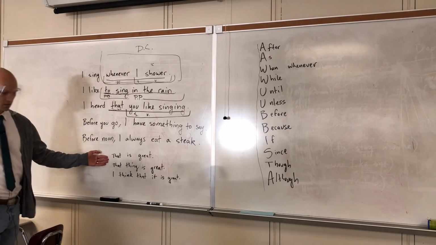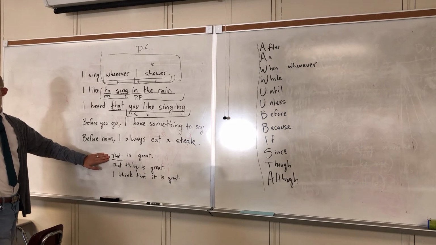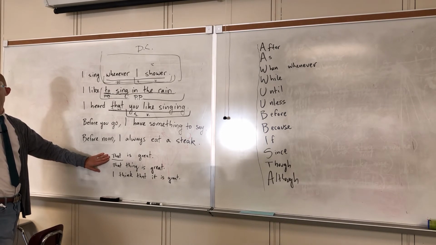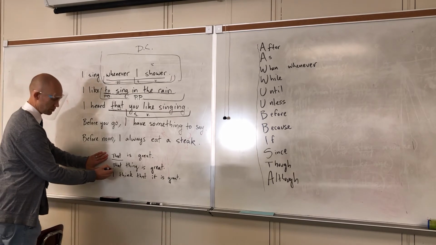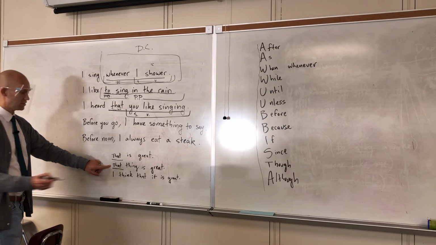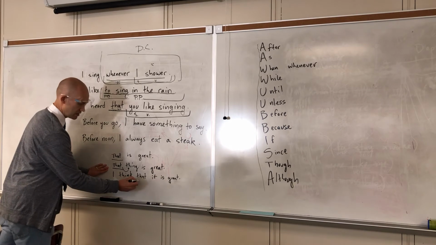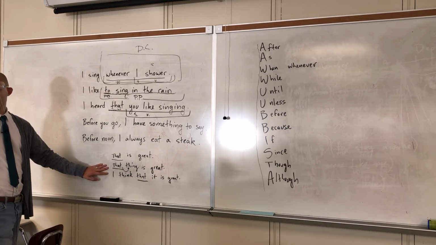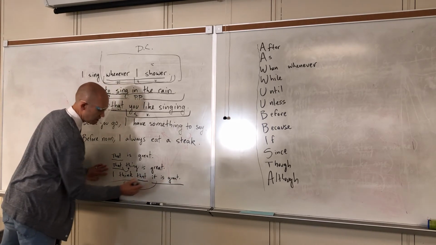So in this sentence, at the top, what part of speech is the word that? It's a pronoun. It's standing in for something. We don't know what it is, but it's representing a thing. It's a pronoun. What about in this one? What part of speech is the word that here? Yeah, it's an adjective because it's telling you what kind of thing. Okay, and then in this sentence, what is it? Yeah, here it's a subordinating conjunction that's linking together these two sentences.